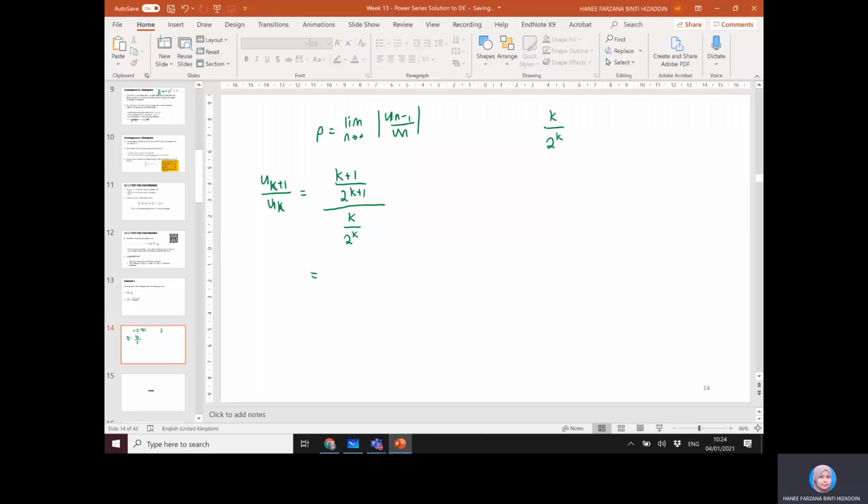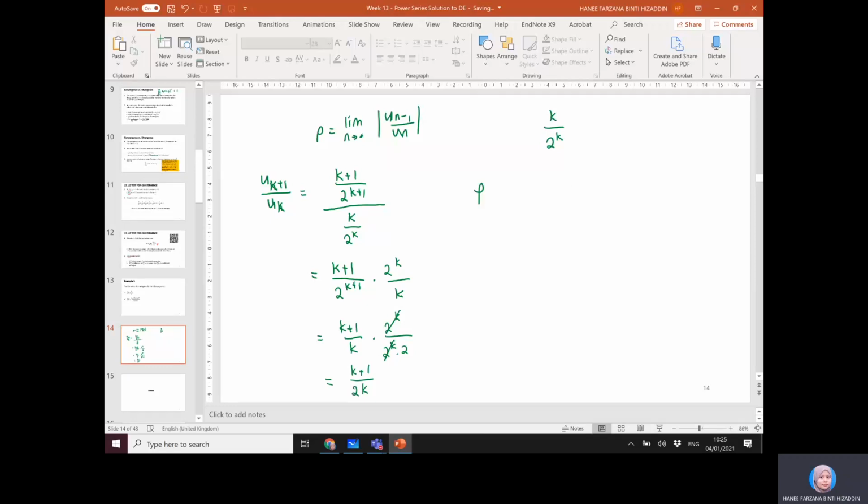Just be careful because you have a ratio of fractions. So (k+1) times 2^k over k times 2^(k+1). Then you can further simplify this: (k+1) over k times 2^k over 2^k times 2. You can eliminate the 2^k terms, so you will end up with (k+1) over k times 2.